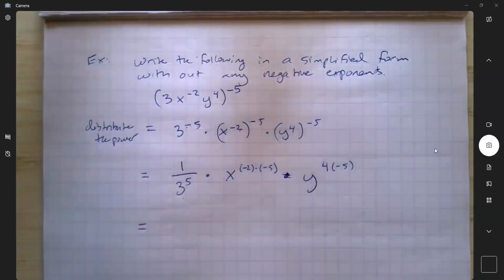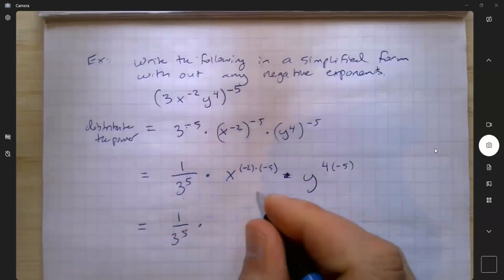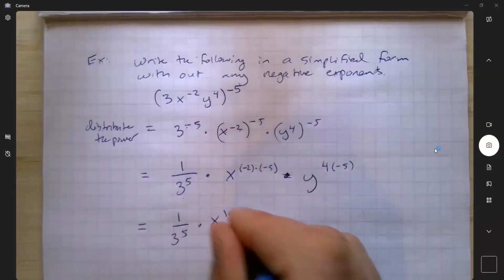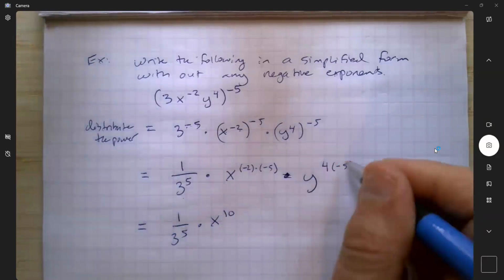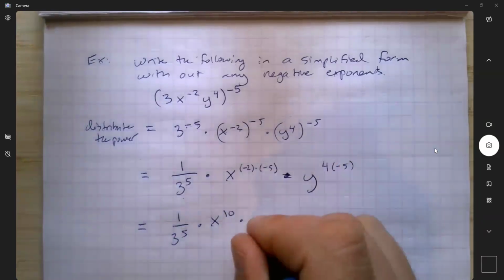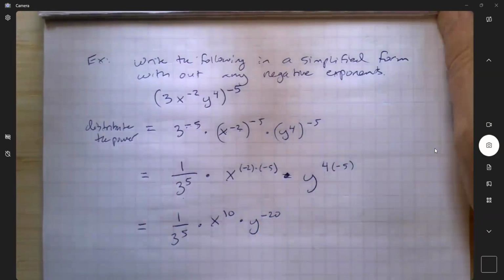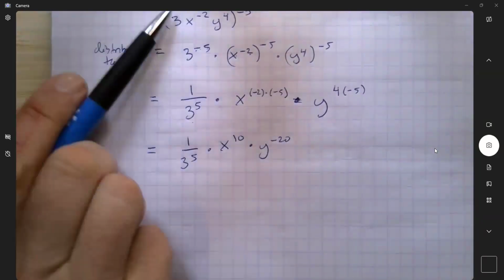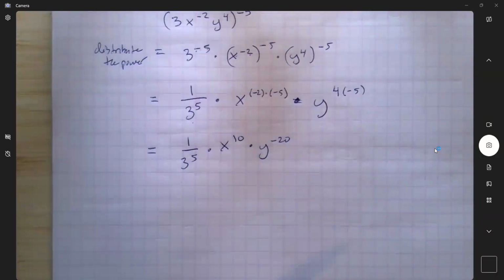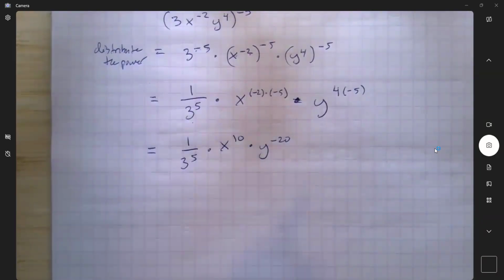Let me simplify the arithmetic and the powers before I do anything else. -2 times -5 is 10, so that becomes x to the 10th. And 4 times -5 is -20, so that becomes y to the -20. I'm getting there. I don't have nested anymore. That's nice. So it's simpler in general. I would say this is simpler.